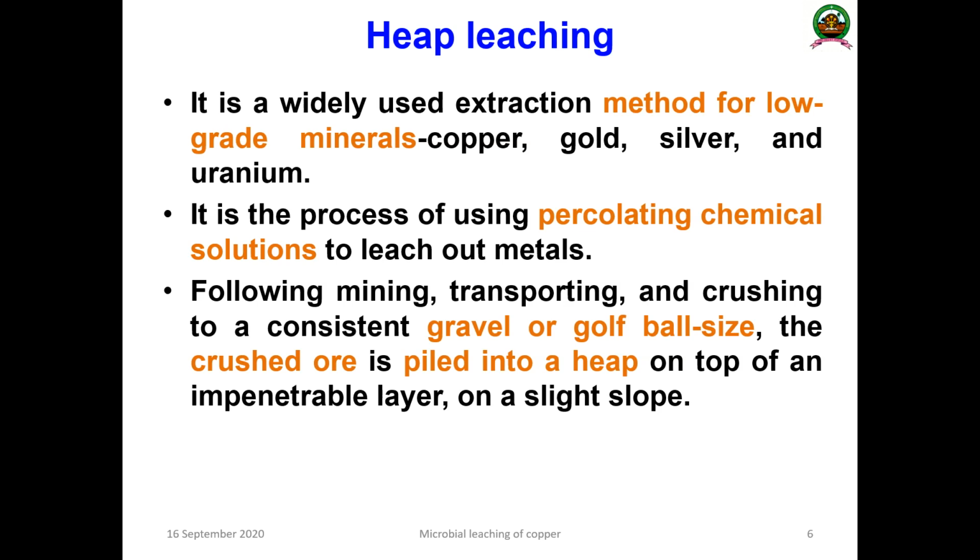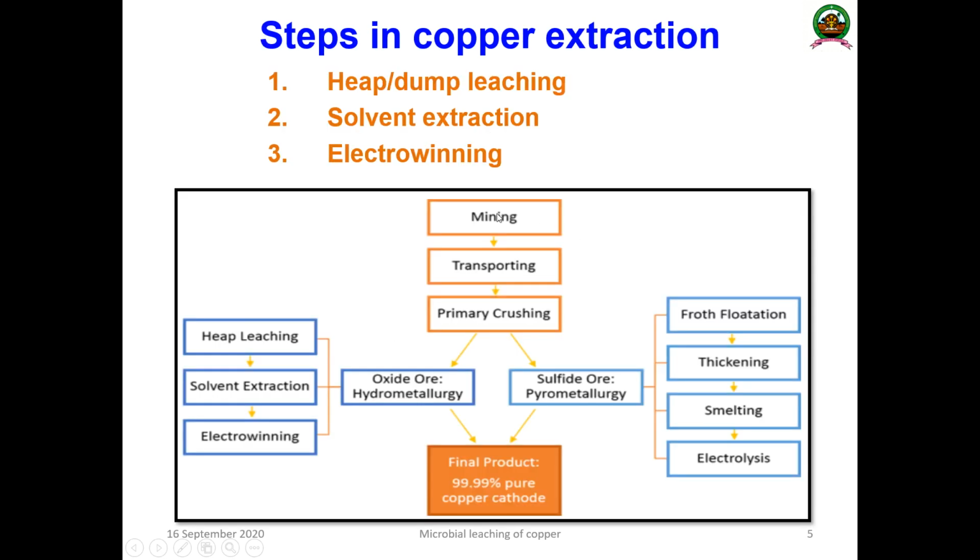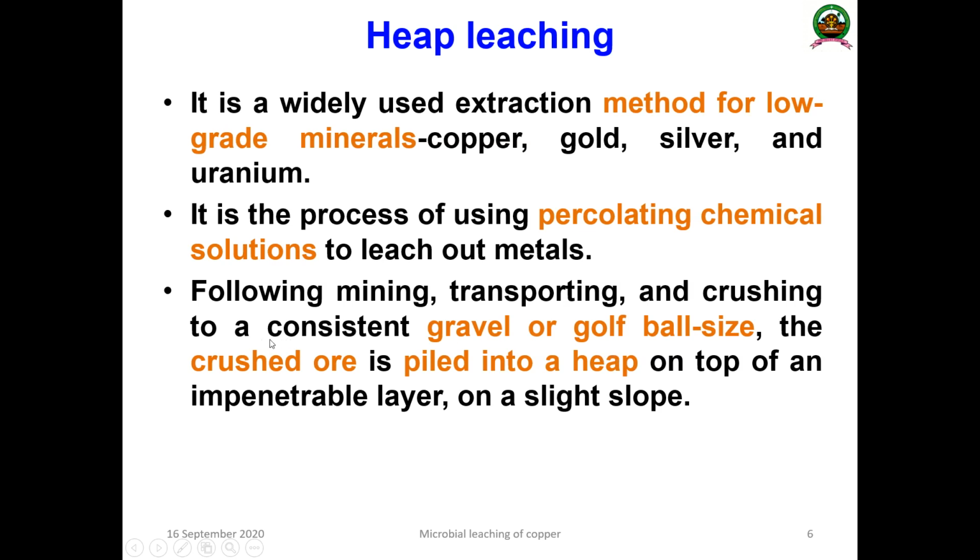So it is a process of using, as I mentioned in the beginning, a percolated chemical solution, such as dilute sulfuric acid, to leach out the metal. Following mining, transporting and crushing, as we have seen here, you will get a consistent gravel or golf ball size crushed ore.